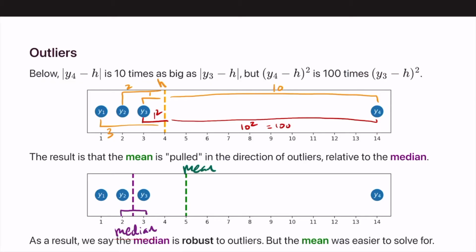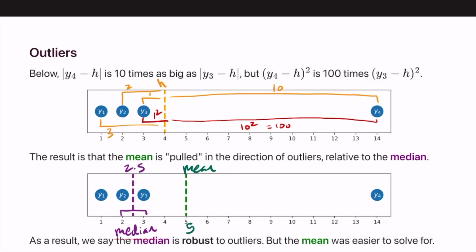What we're saying is that the median, in this case, is 2.5, and the mean, in this case, is 5. The mean is being pulled towards the outlier. That is to say that this value of 14 for Y4 makes the mean extremely sensitive.